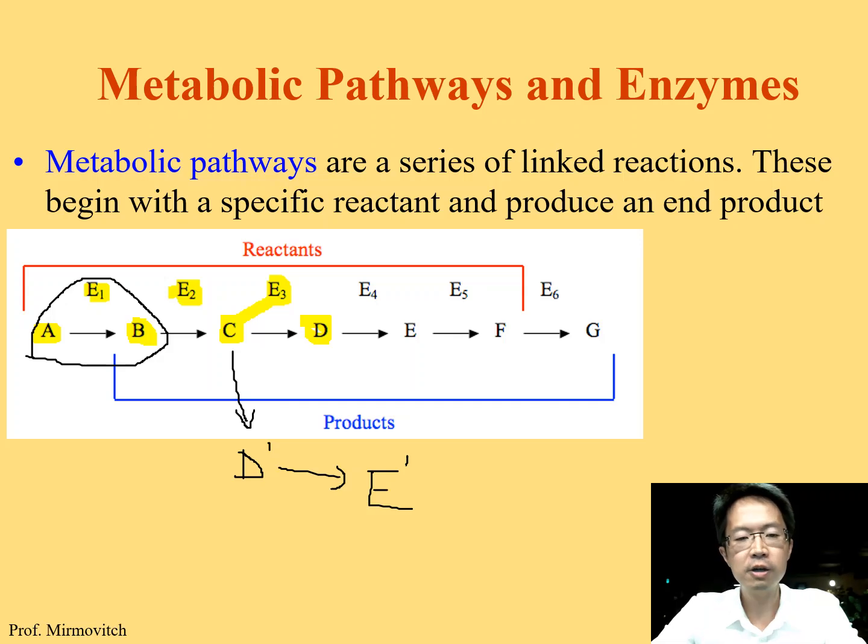So you have side branches, different branches. It's not as simple as a strict chain of metabolic pathway as shown here. In reality, all these reaction pathways are very complicated.